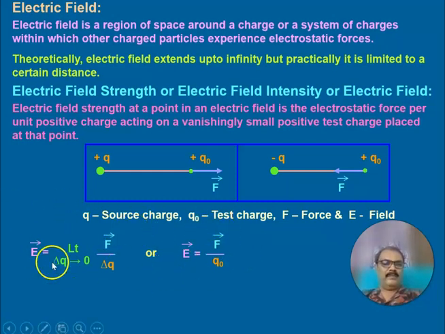This is the mathematical expression, a simple way. You learn this, this is enough. Then for the force, what is that? Coulomb force, Q1 Q2 by r squared, you have to put in here. Q1 is Q only, Q2 is Q0.